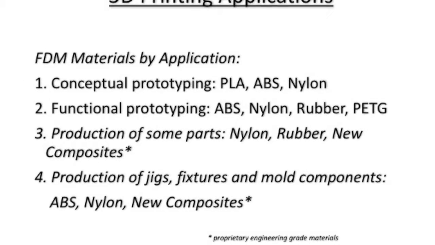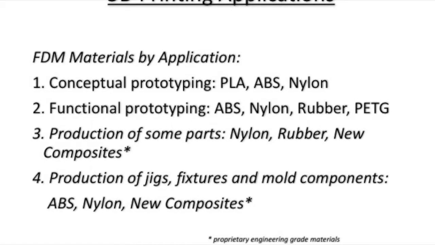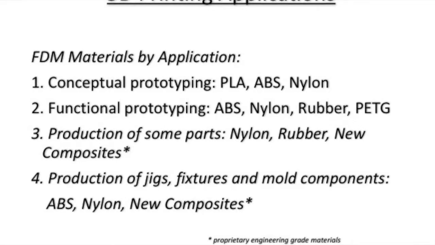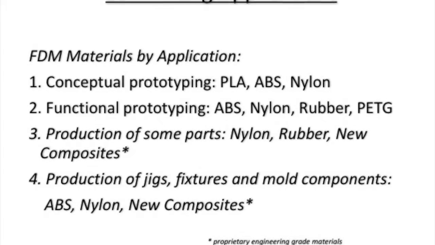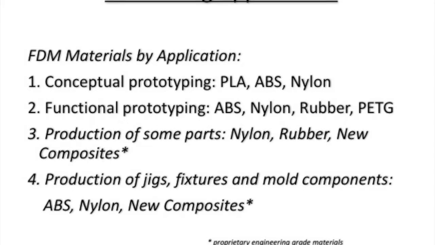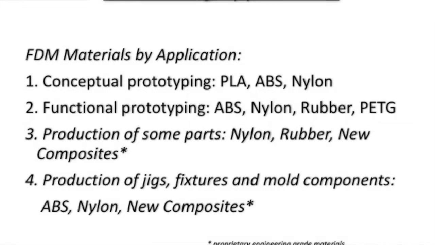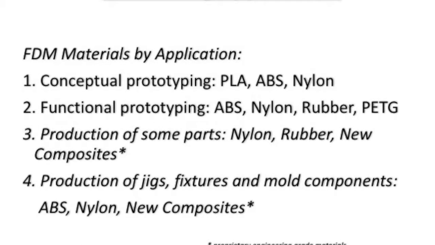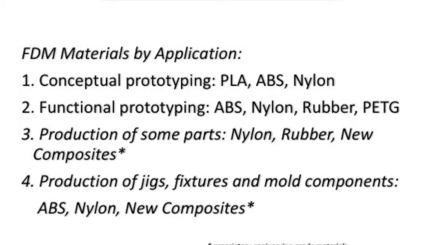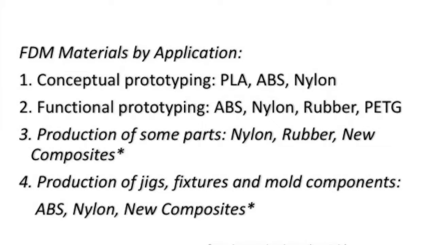So traditionally, for conceptual prototyping we can use filaments such as PLA, which is polylactic acid, or ABS or nylon. When we want to make a working prototype, depending on what the application is, we can still continue to use ABS, nylon, perhaps some rubber, or new materials that are constantly being developed for 3D printing.